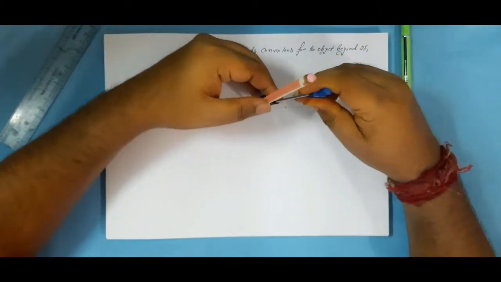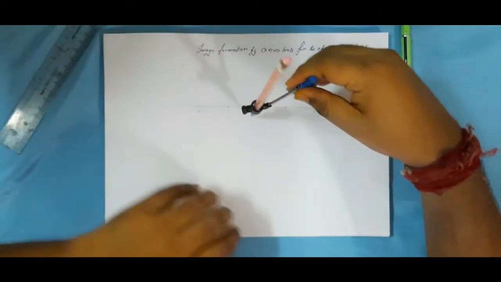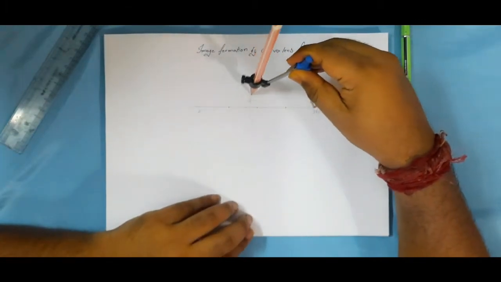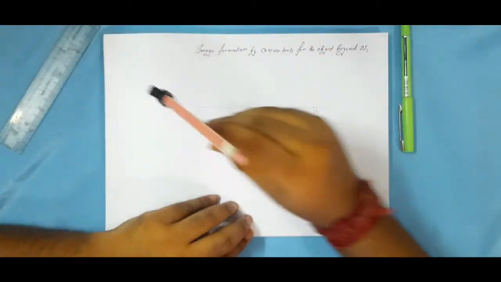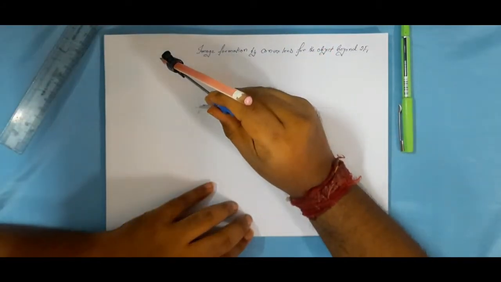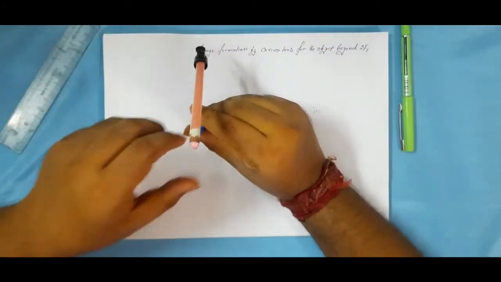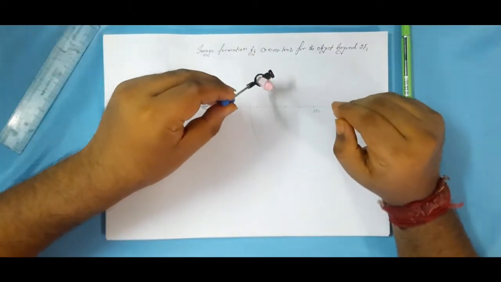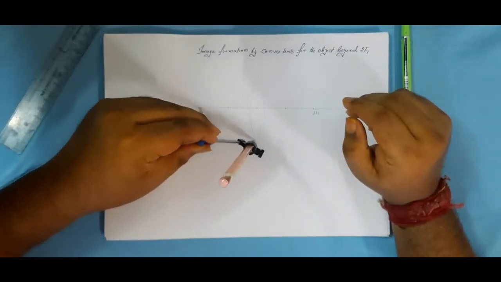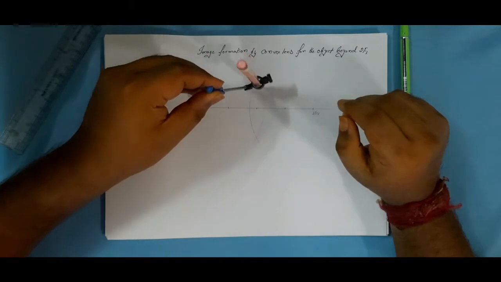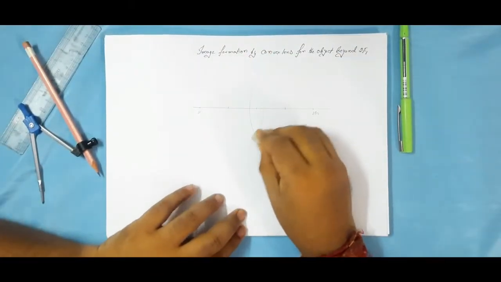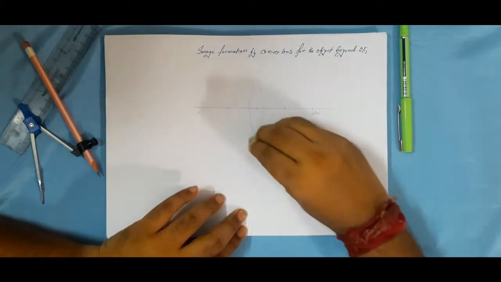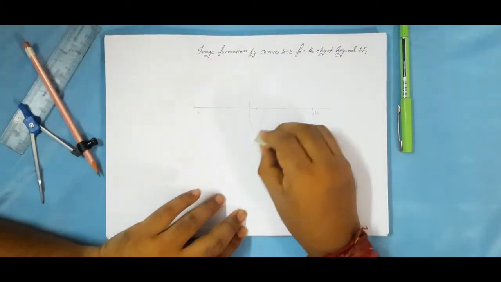To draw the lens, we are taking an arc, and in the same way from 2f1 with the same arc. This is the lens. You can rub this one to make it more clear.